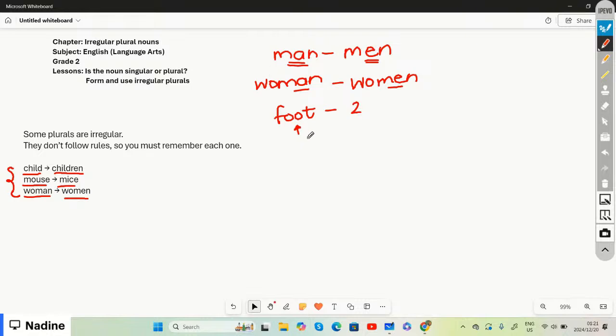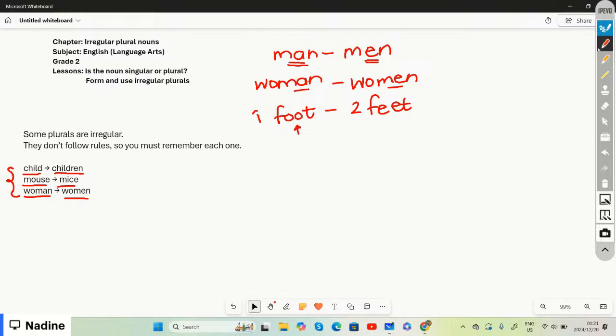I have 1 foot, but two what? So it will be 1 foot, but 2 feet. I put my sock on my 1 foot. I put my sock on the other foot.